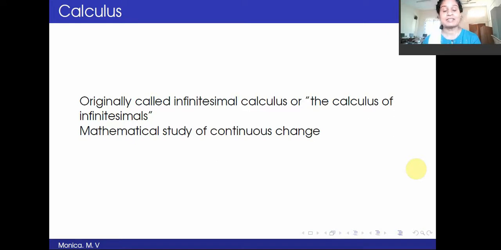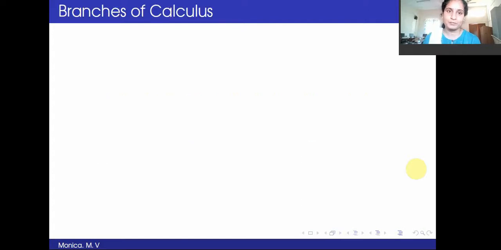Calculus mainly is the study of continuous change. Change in the distance, change in the velocity, change in the speed, change in the slope of a function with varying points. So calculus mainly deals with the study of continuous change.